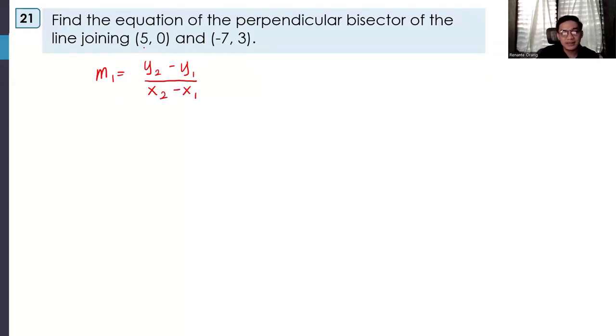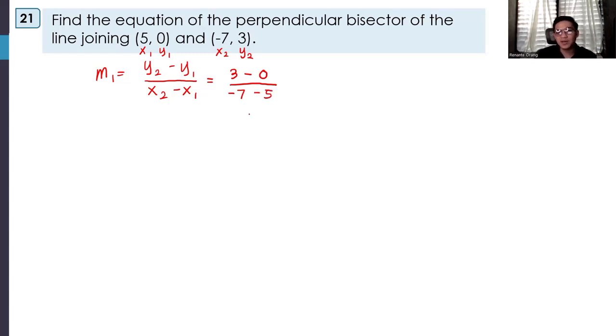So, i-designate natin sila, x sub 1, y sub 1. Ito yung x sub 2 and y sub 2. Substitute, we have 3 minus 0 divided by negative 7 minus 5.